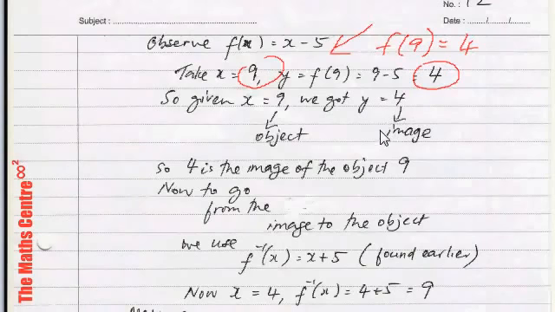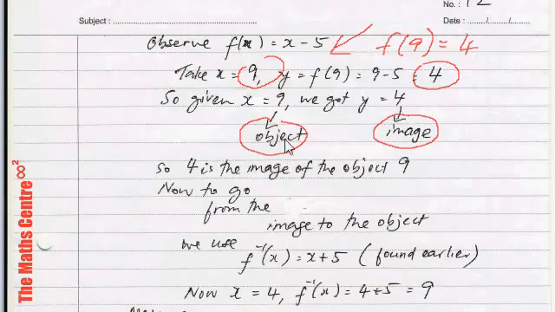This is the language that we use in something called mapping. So objects are part of what we call the domain, and images are part of what we call the range. So 4 is the image of the object 9.